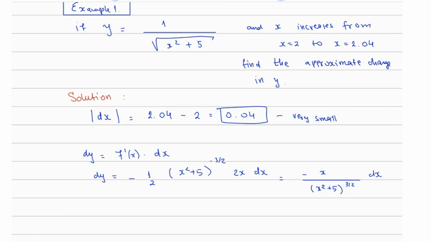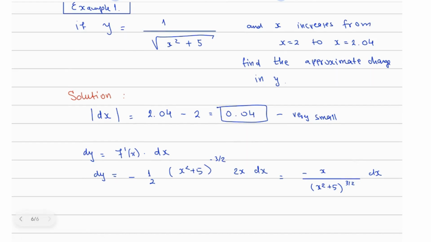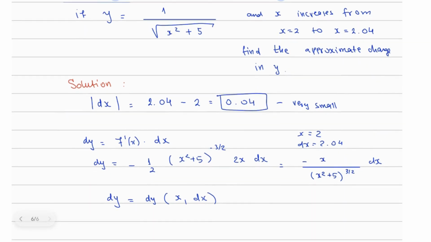Remember what we have said before: dy is a function of x and dx. So x is 2, and dx, sorry, is 0.04. Apologies.